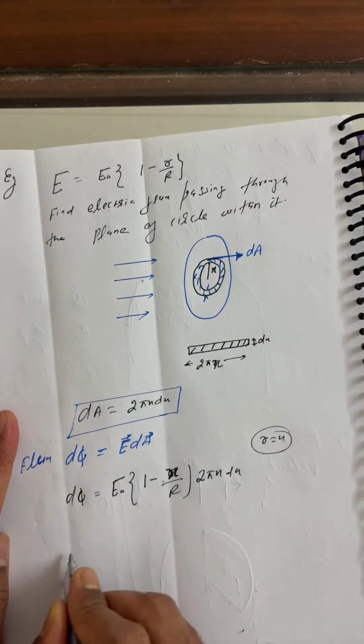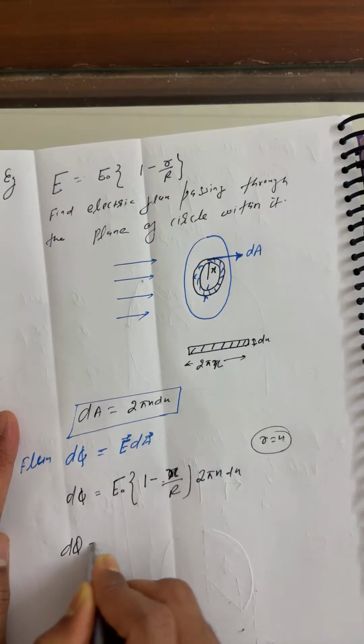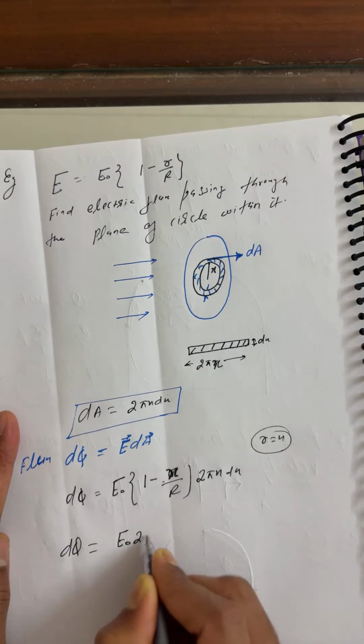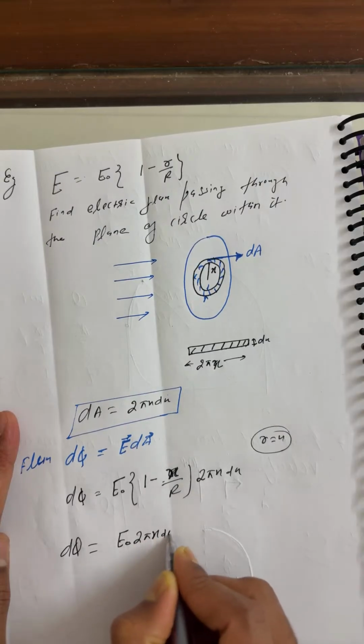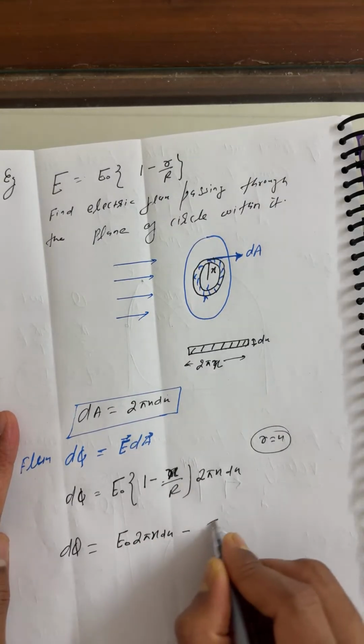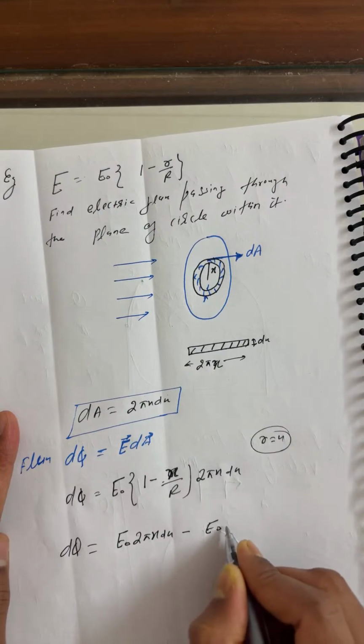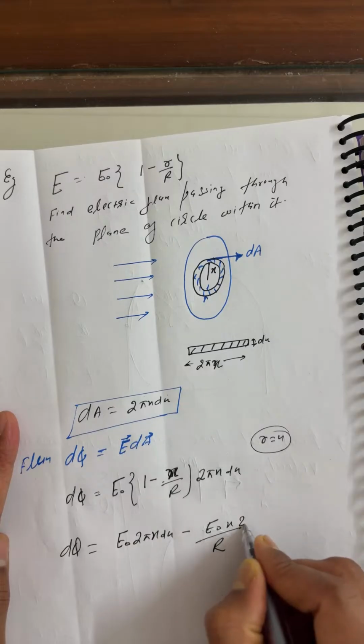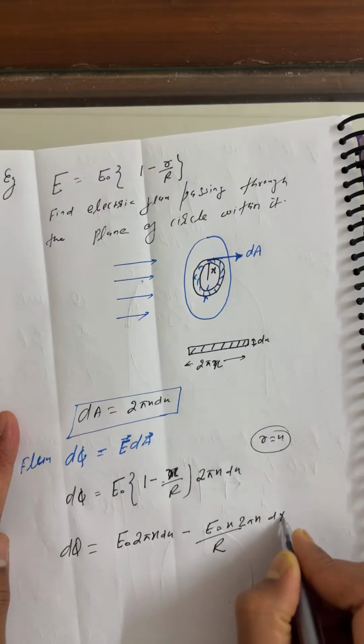Open the bracket. So d phi is equal to E naught 2 pi x dx minus E naught into x by r into 2 pi x into dx.